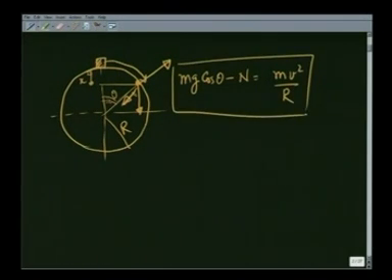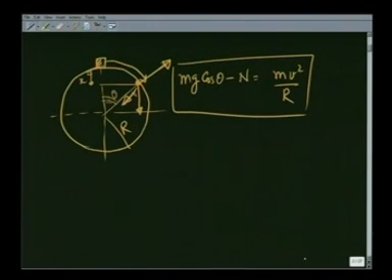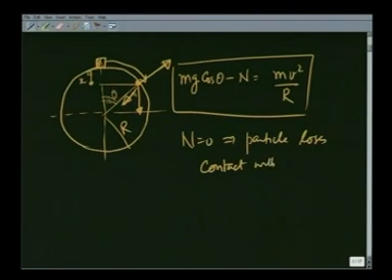As long as N is non-zero and pointing outwards, I know the particle is on the sphere. N equals 0 implies particle loses contact with the sphere.